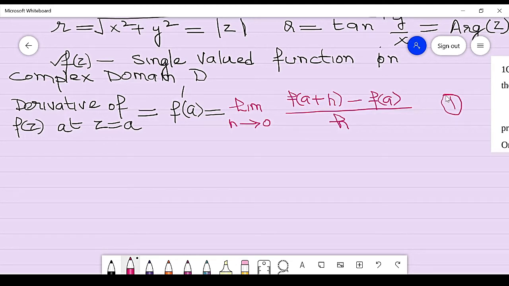What is this equation? The right hand side is a limit. What is provided? This is very important.